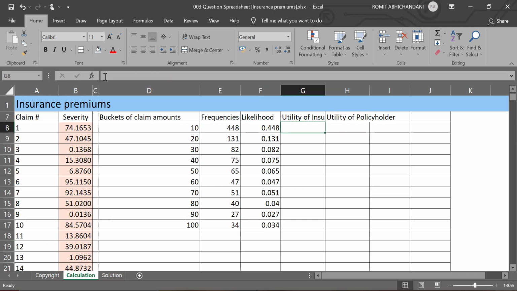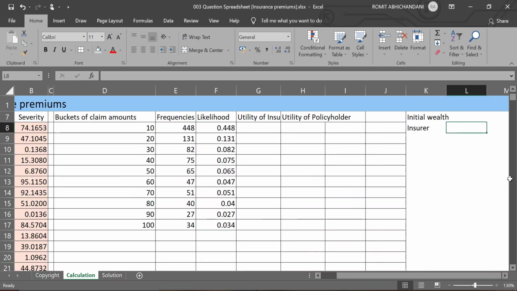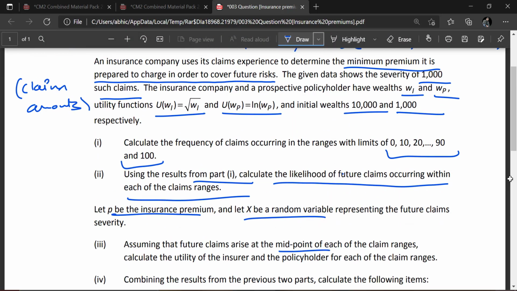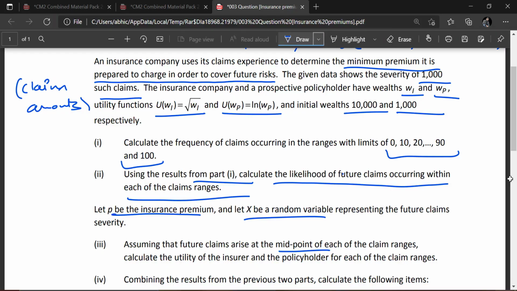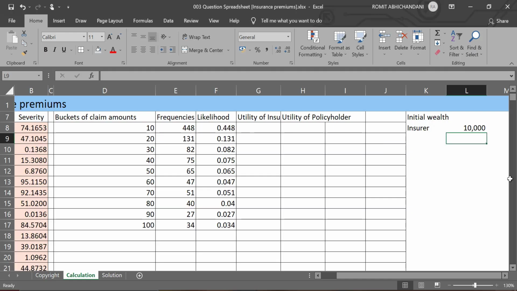So how do we find this? The initial wealth of the insurer and the policy holder were given. For the insurer it was 10,000, and for the policy holder it was 1,000.